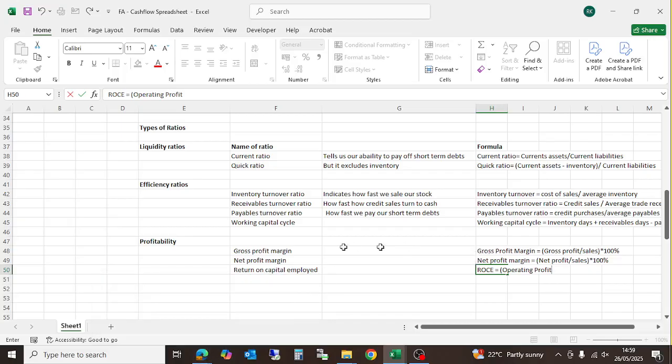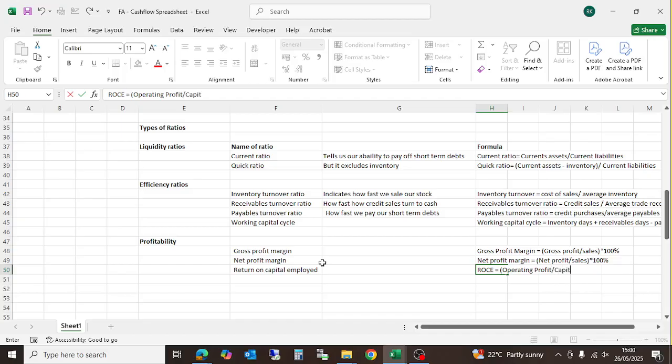Okay. So we are currently looking at the return on capital employed. We say it measures the return from total funds that you actually invest in your business. So the formula for this particular ratio is we get our operating profit, then we divide it by the capital employed.